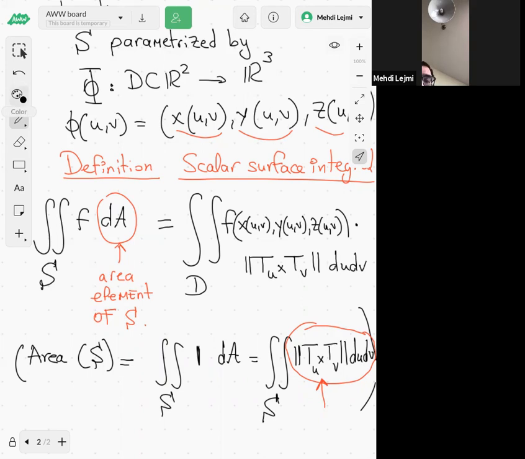Here, guys, this dot is just multiplication of functions, the product of functions.